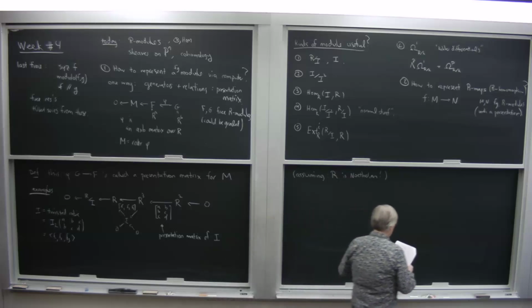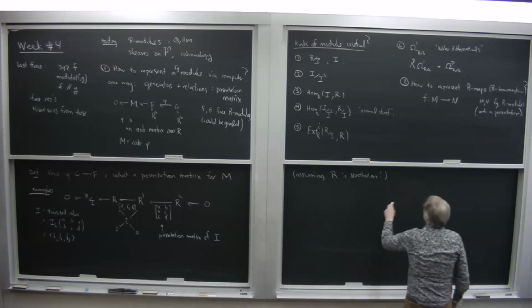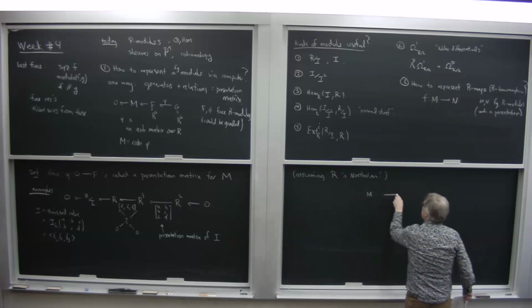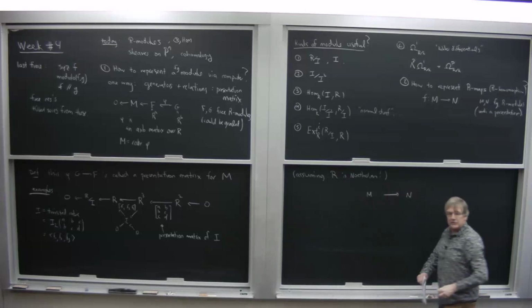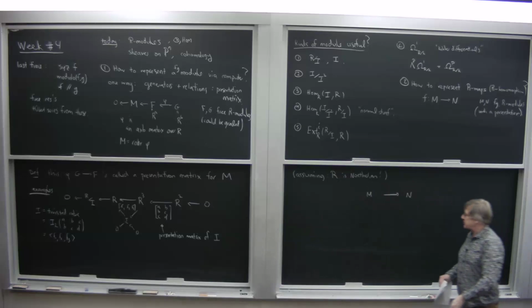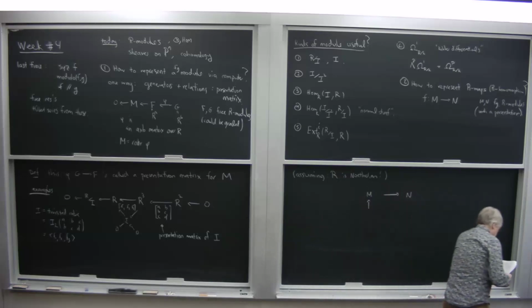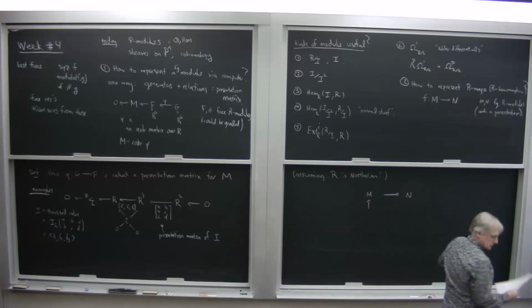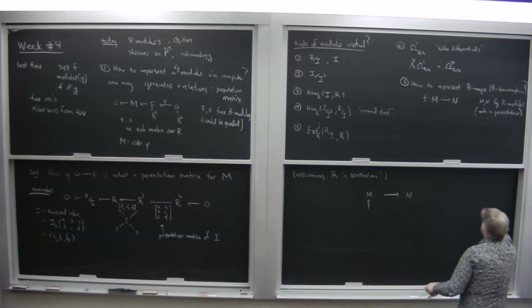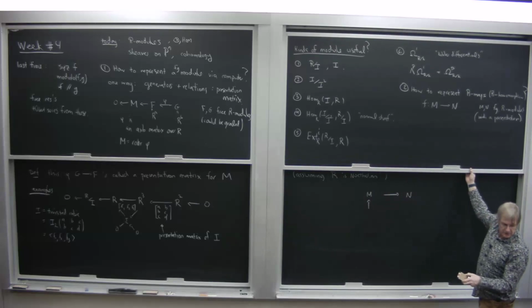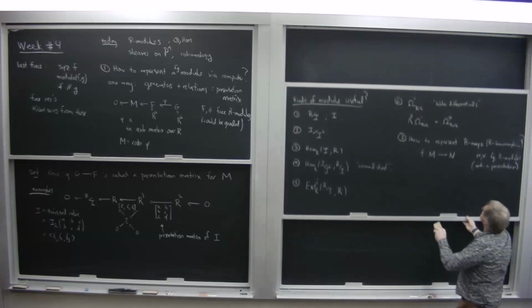Okay, so how do you do it? Suppose I have M to N, and now I'm going to write down notation for a presentation that I might use. Actually, no, oh, shoot, I wanted to change my notation to match some other stuff. Okay, this is going to be interesting.